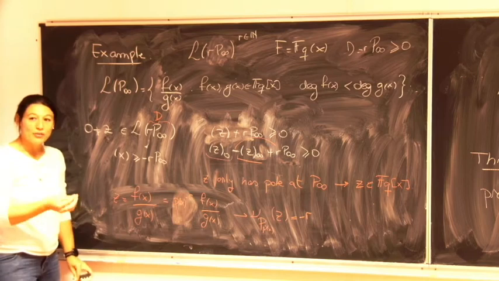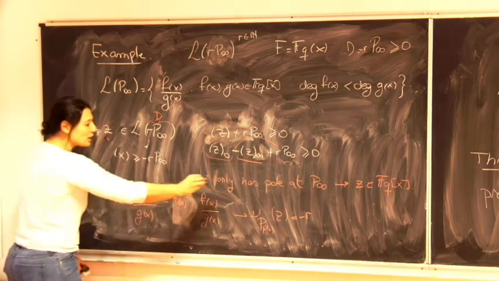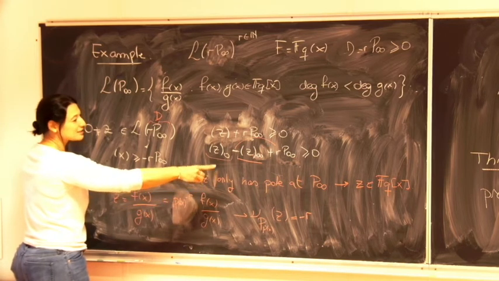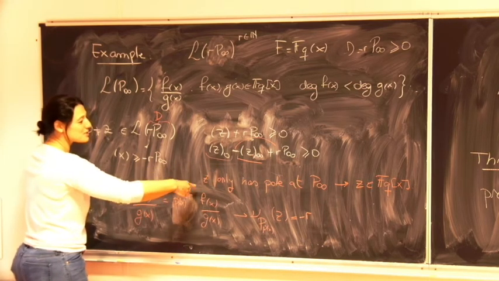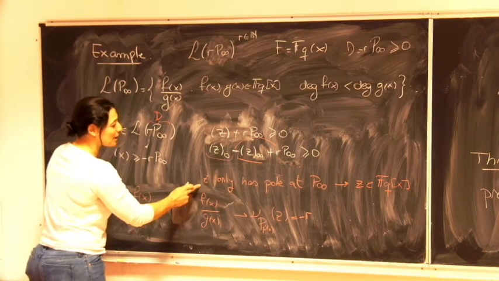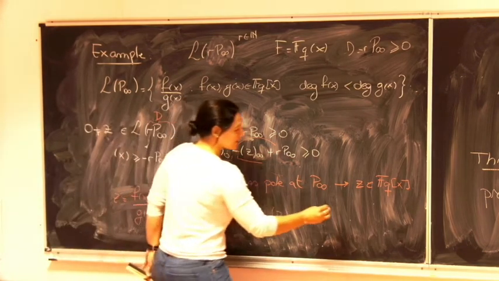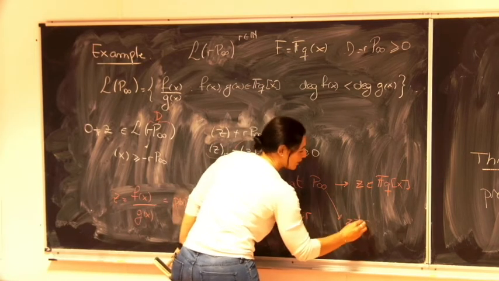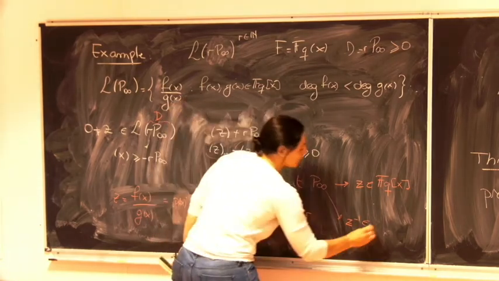So if the only pole of the element Z is the infinite, so if P infinity is a pole of Z, that means that Z minus 1 belongs to P infinity.